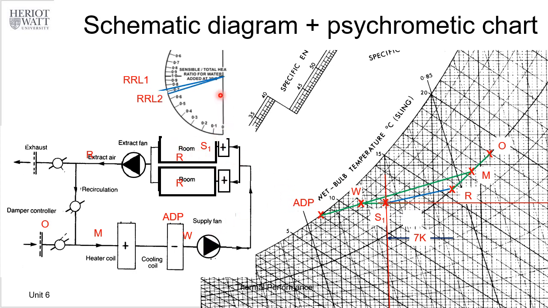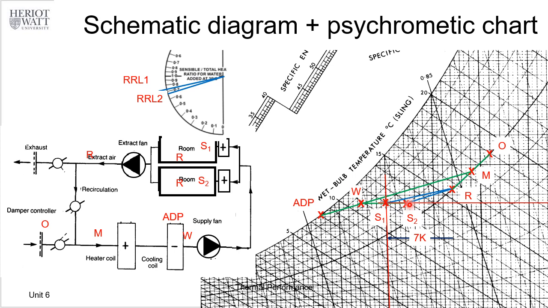And similarly, we can calculate the room ratio line for zone 2, which has a smaller number. And then similarly, we draw this parallel line that goes from the room condition and meets this horizontal line, meaning the moisture content doesn't change. All right.